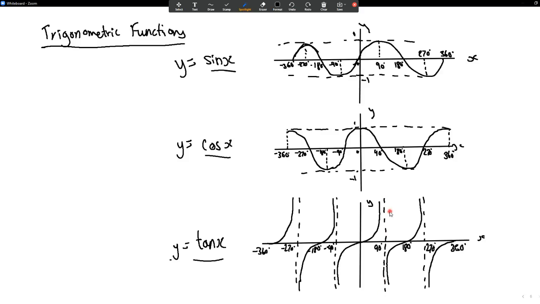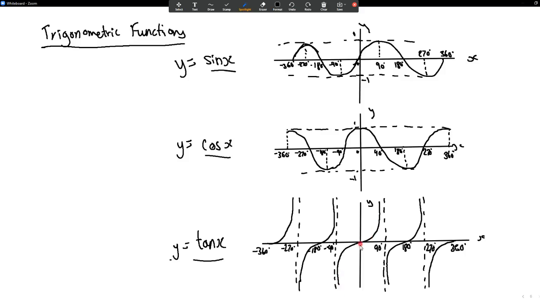So tan 90, tan 270, tan -90, tan -270, none of them are defined. But if you get points close to any of these dashed lines, you'll get a number that's either very, very large or very, very small.